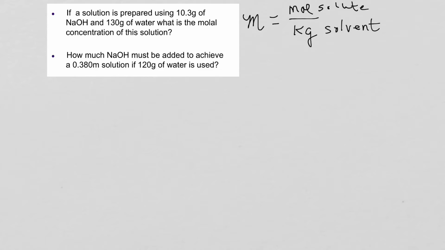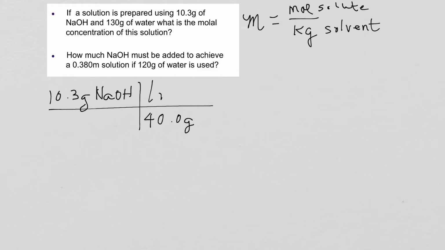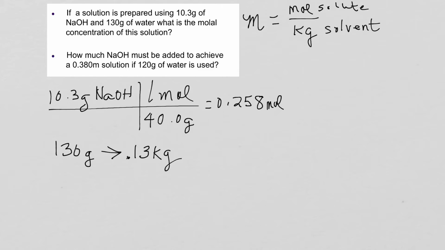So we just need to do a couple little conversions here, and then we can plug it in. First one we do is taking 10.3 grams of NaOH, and the molar mass of NaOH is 40 grams per 1 mole. Okay, so I did a little number crunching here. We got 0.258 moles, and then I converted my grams to kilograms.